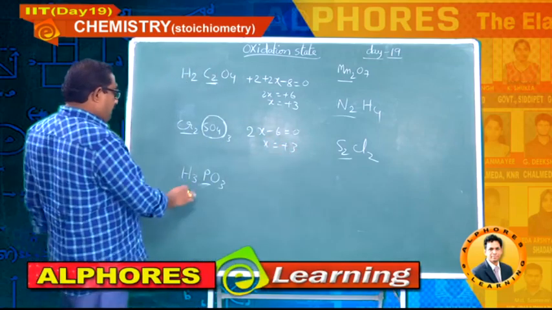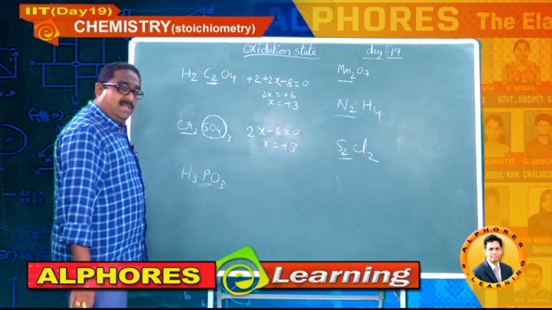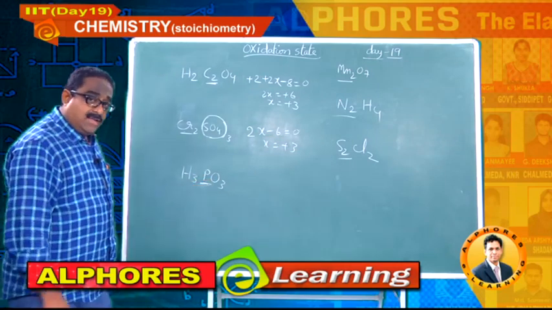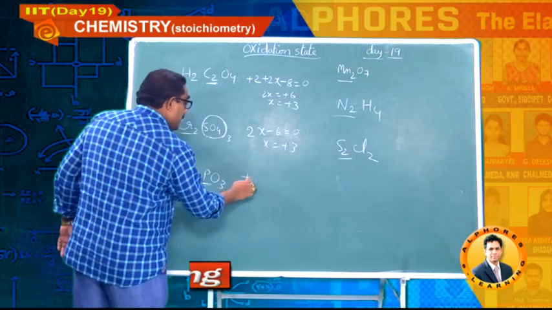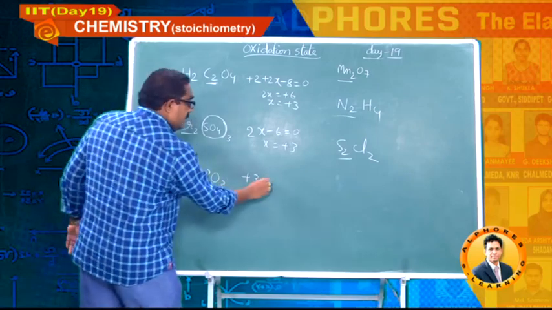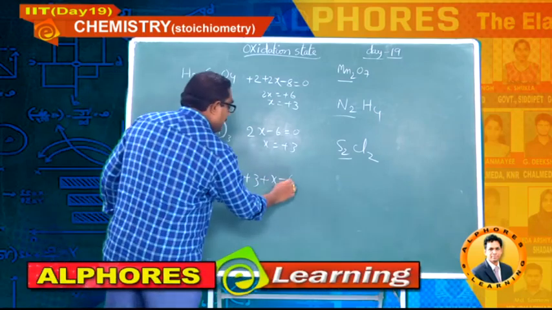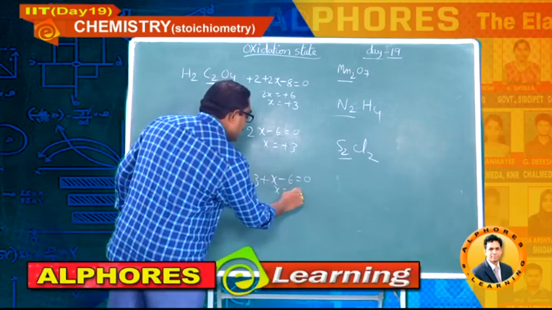Here this is phosphorous acid. For phosphorus I am doing the calculation, students, you concentrate. Plus 3 for 3 hydrogens, plus phosphorus x, for 3 oxygens minus 6, equals to 0. So x equals plus 3.